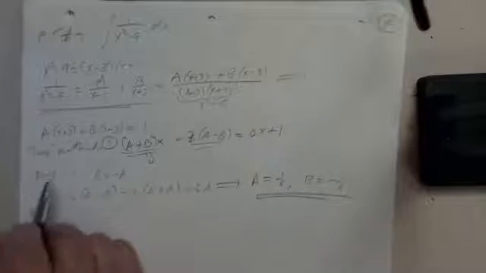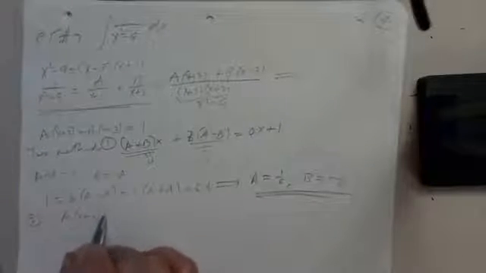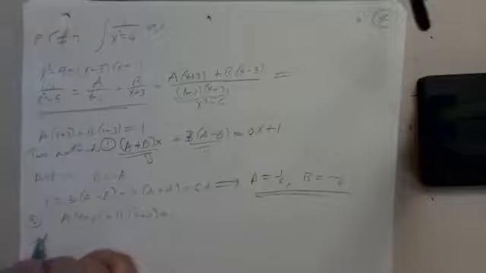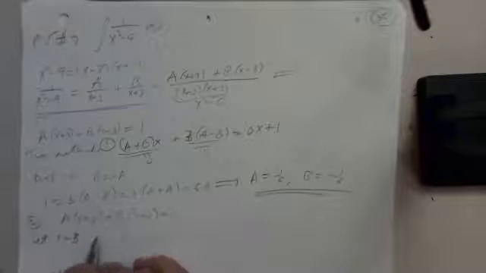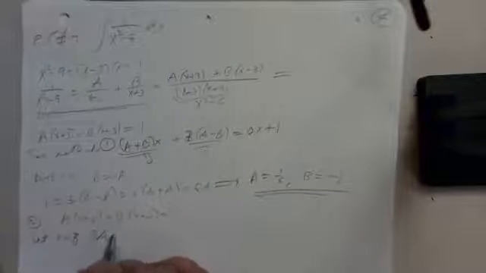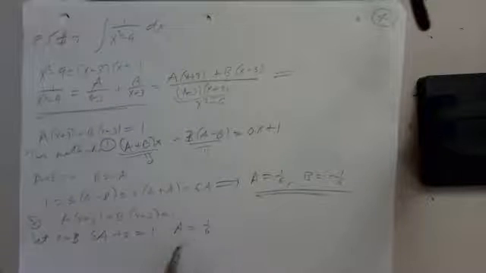The second method is just to stick with this equation. If we let x equal 3, this is 0. We get a times 3 plus 3, 6a, plus 0 equals 1. So a is 1/6.